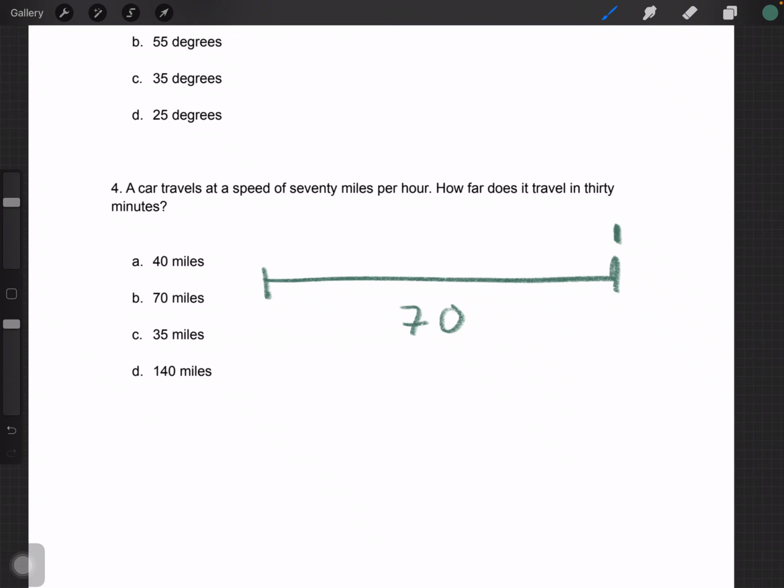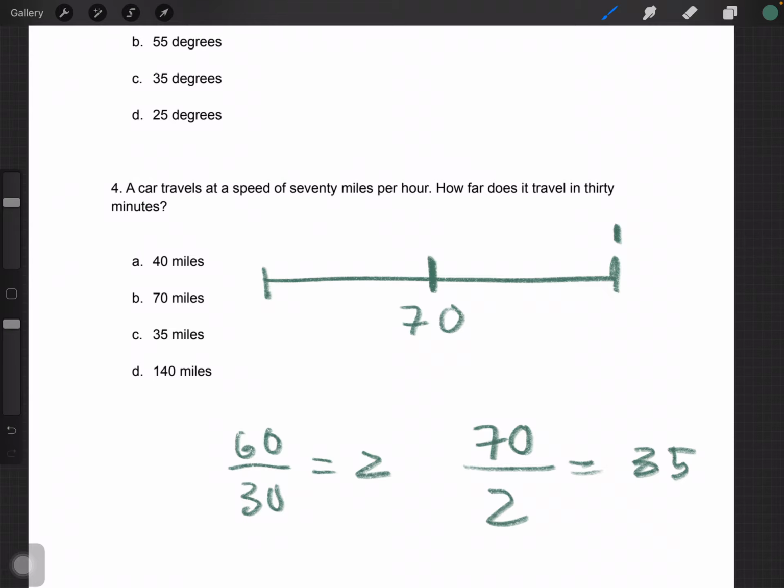And 30 minutes is half of it. Because of that, this is the 30-minute mark, right? We want to cut the number of 70 into half to find out how much is traveled in half of that time. Now, 70 divided by 2 would give us 35. 35 miles is your answer.